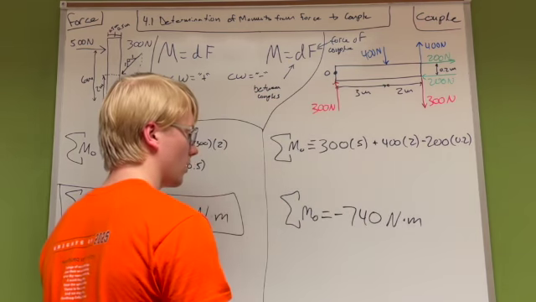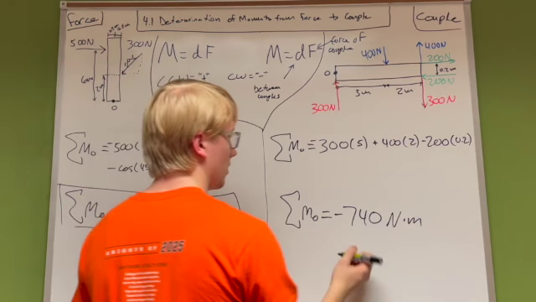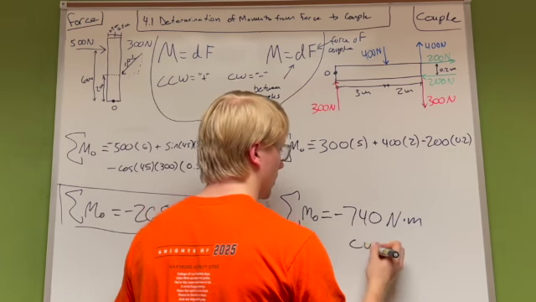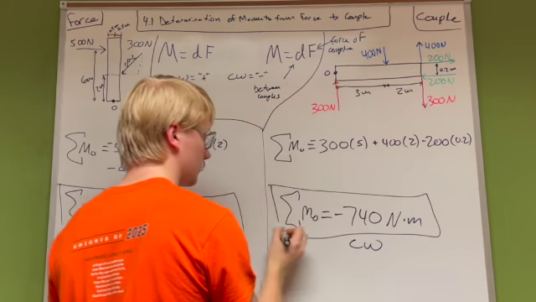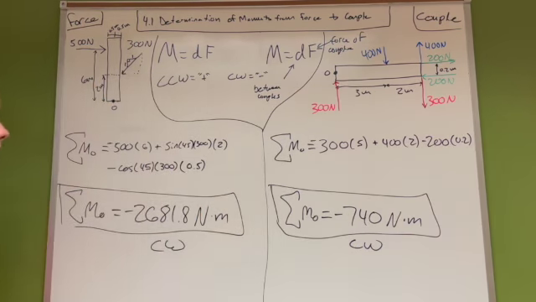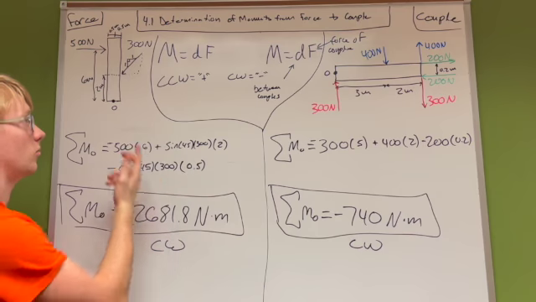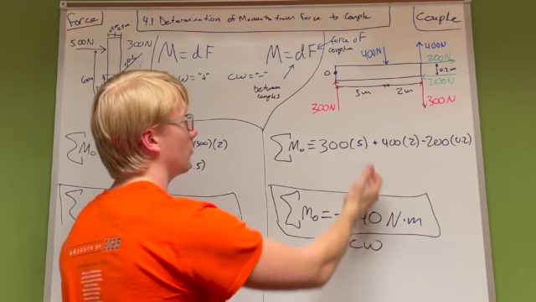Okay? And again, this negative just says that it's clockwise. That's all it signifies. And so that is how you determine a moment from a system of forces and a system with couples.